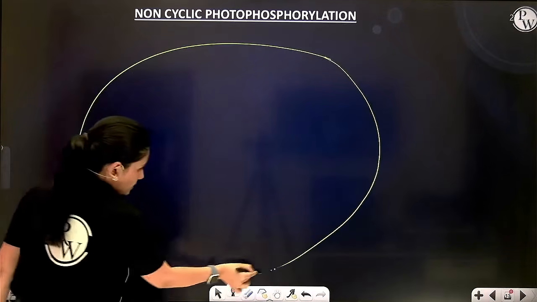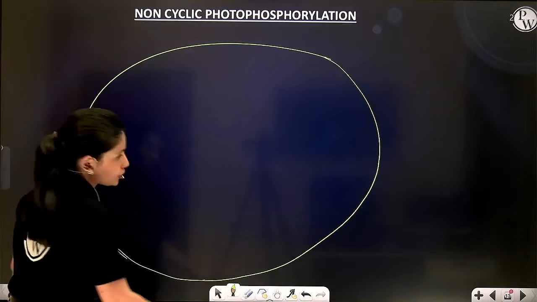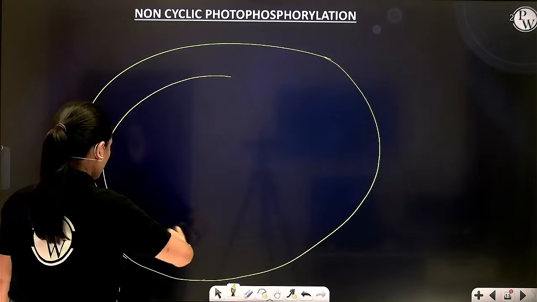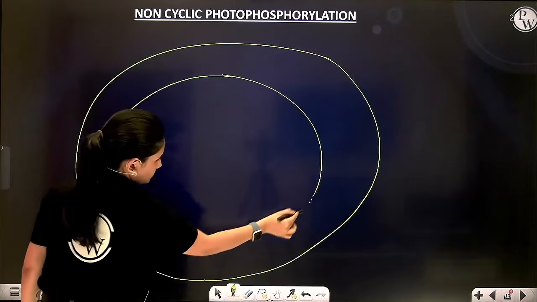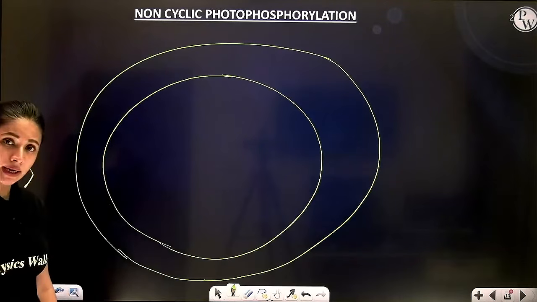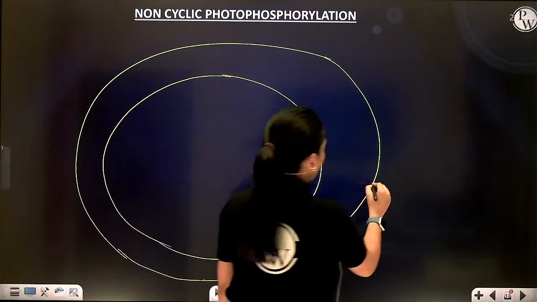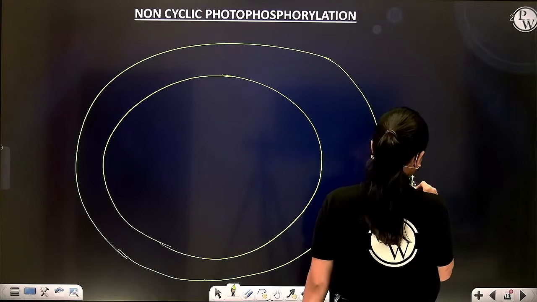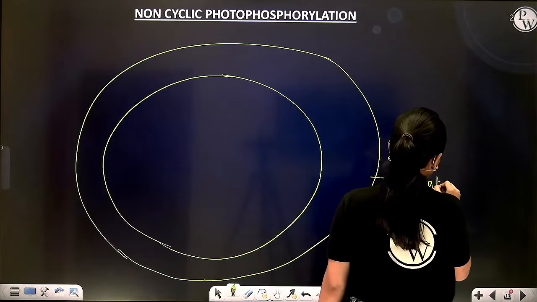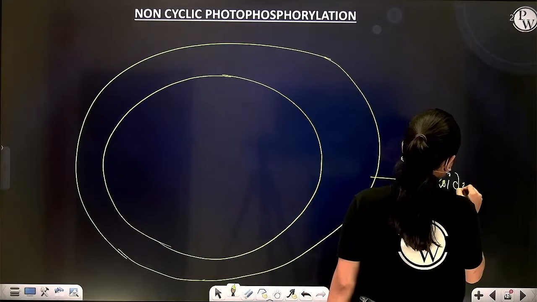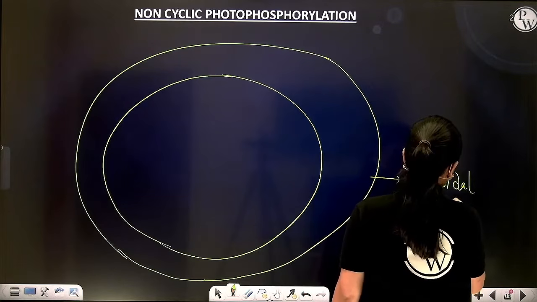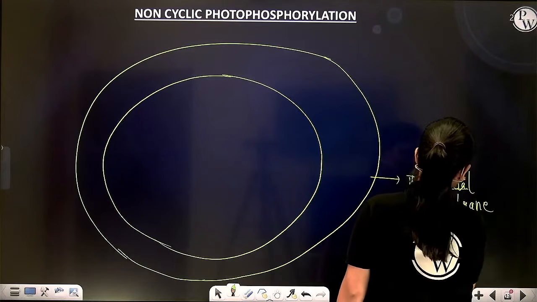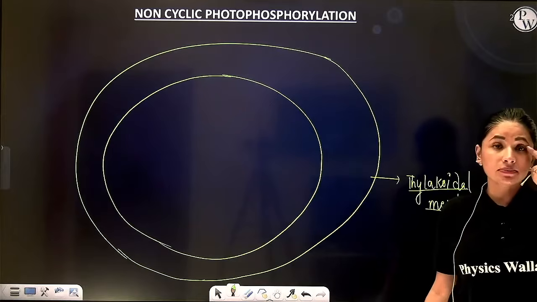Otherwise, thylakoid is a single membrane bound structure. Correct? But I'll draw it in two layers for my own convenience. So this is my thylakoid. Now, this thylakoidal membrane has photosystems present on itself. So this is the thylakoidal membrane on which photosystems are present.